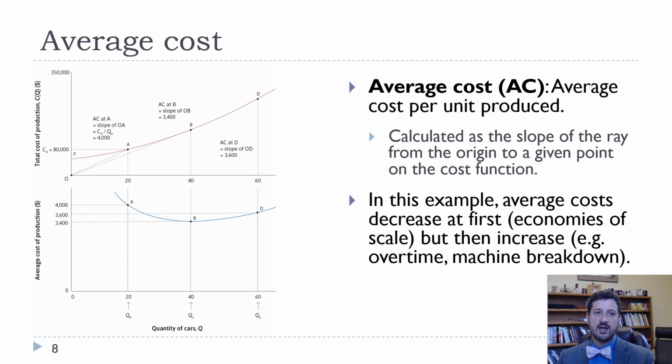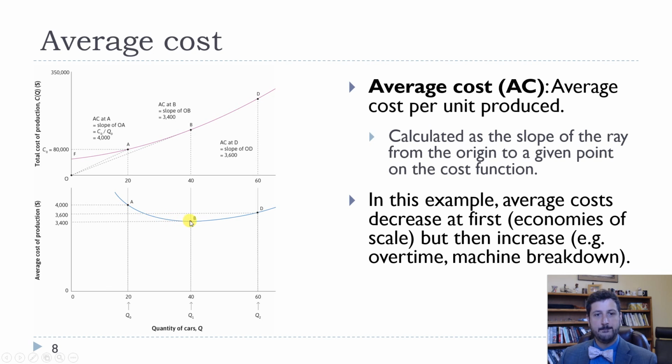So what does that mean? Because we have these fixed costs at zero, as we start producing, the average cost is actually falling, right? At point A, the total cost is 80,000 to produce 20, and 80,000 divided by 20 is 4,000, so our average cost is 4,000.